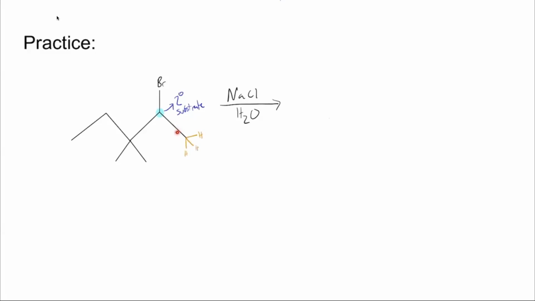We can assume free rotation and that one of these 3 hydrogens will be anti to our leaving group. So therefore, E2 reactions are a possibility. It's always important to do this check, because if you have a substrate where there is no hydrogen that is anti-periplanar to your leaving group, then you aren't going to be able to have an E2 reaction. You can just cross that one off your list of possibilities.